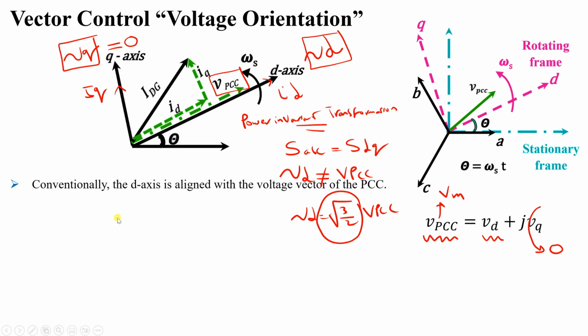So what we can see is that conventionally the D-axis is aligned with the voltage vector of the PCC, the resultant vector. Now what we will find is that VD is equal to root 3 over 2 VPCC.